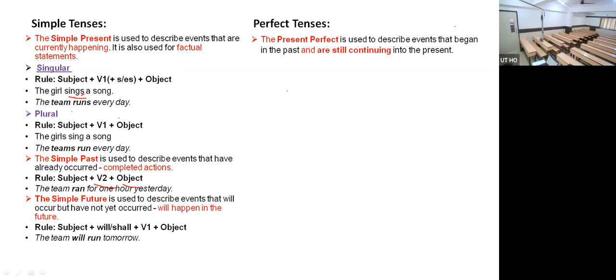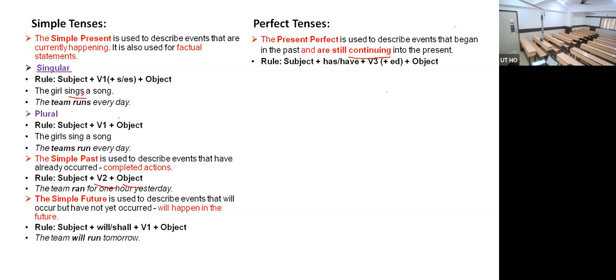Now, if we talk about the perfect tenses, the perfect tense is something that has begun in the past and is still continuing into the present. So when you have that sense in the sentence, that's something that began and is still continuing. It will be has or have plus the past participle form of the verb.